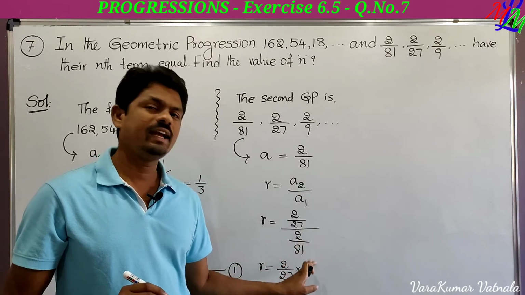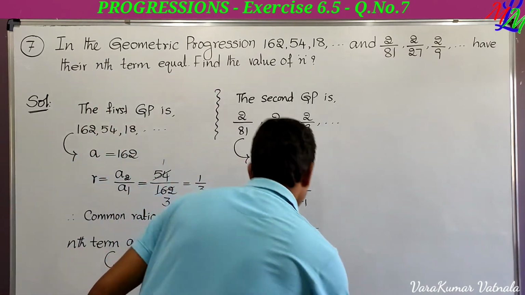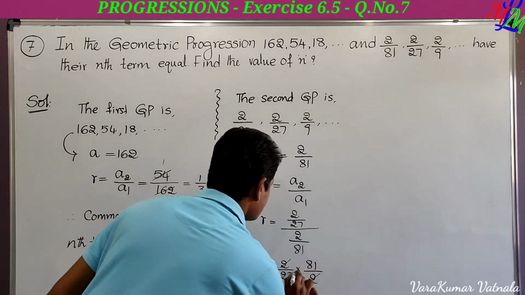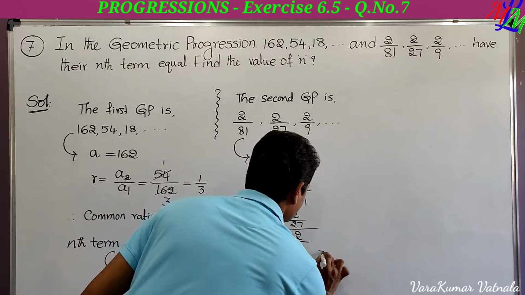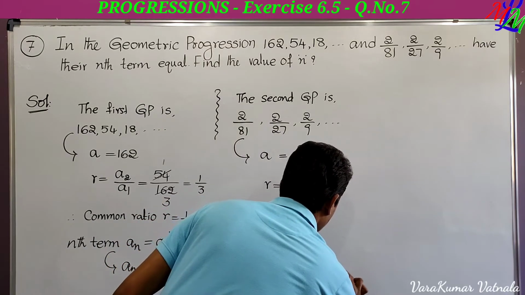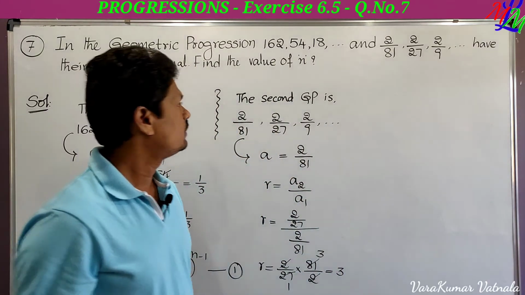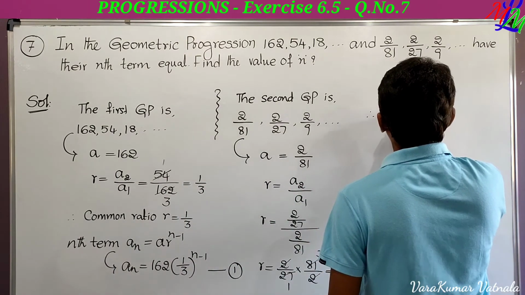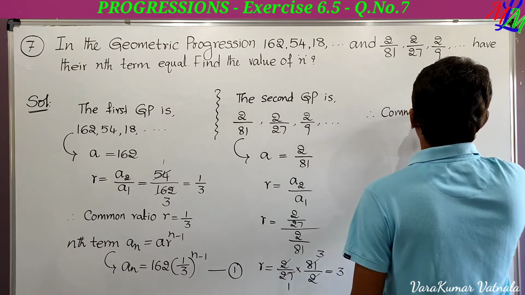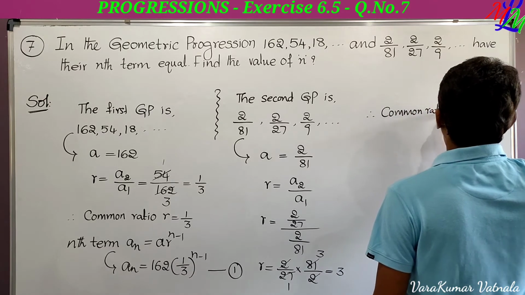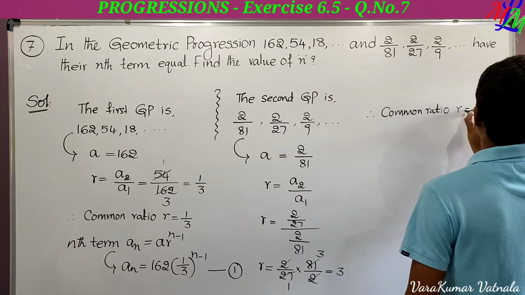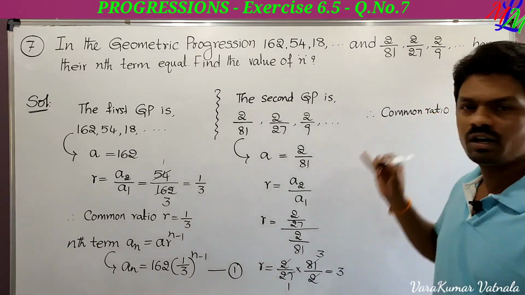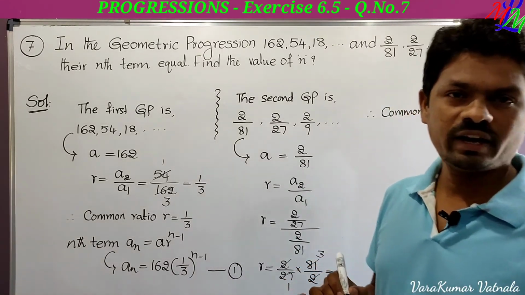The reciprocal of 2 by 81 is 81 by 2. So 2 gets cancelled, 27 ones are 27 and 27 threes are 81. r is equal to 3. Therefore the common ratio of the second GP, r is equal to 3.